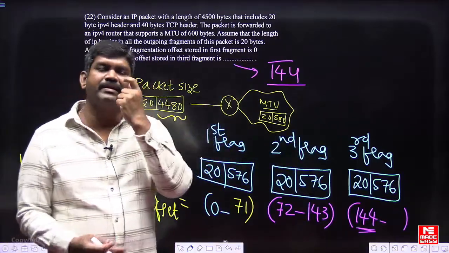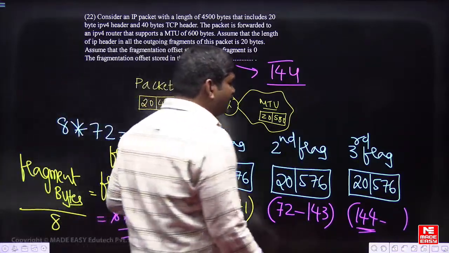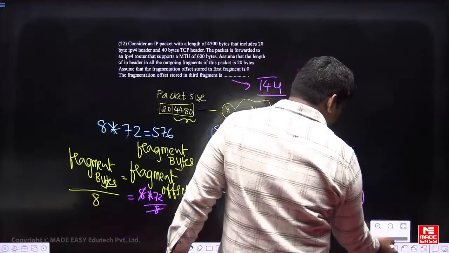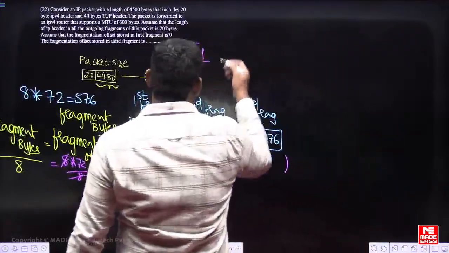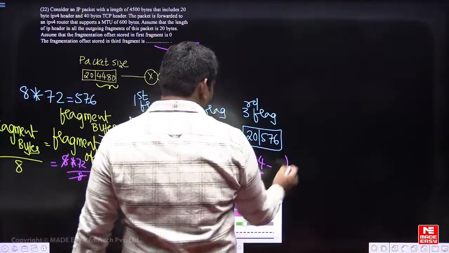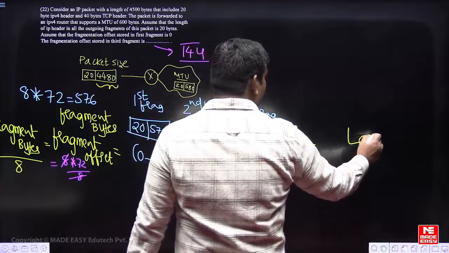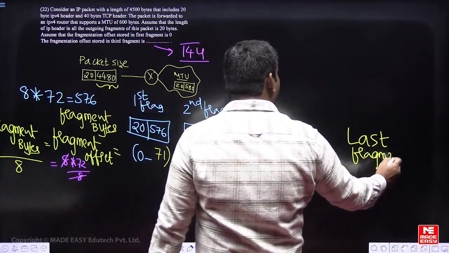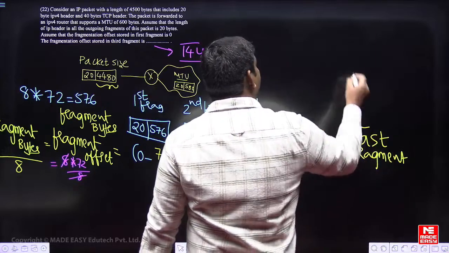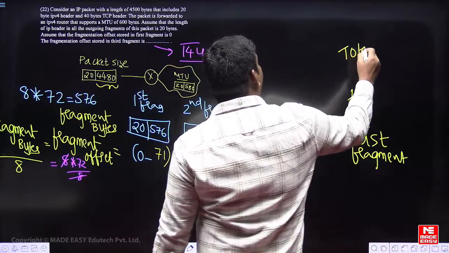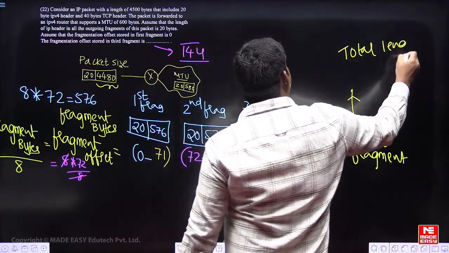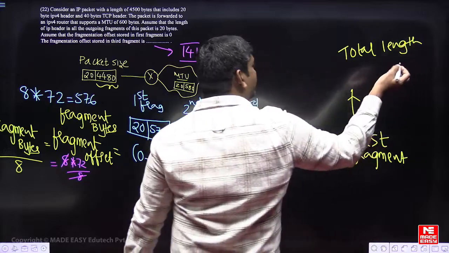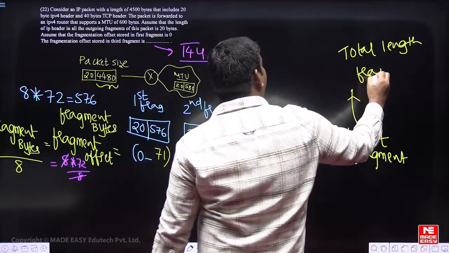Then how is the receiver able to judge? See the point here, especially for the last fragment, or the first or any in-between fragment. Every fragment will have an IP header. In the IP header, there will be a total length field for the fragment, and there will be the fragment offset.